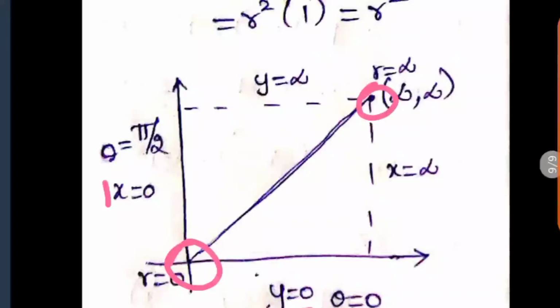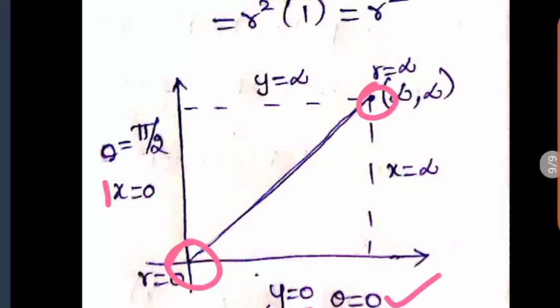Now go for the second thing, that is theta. Y is equal to what we have substituted there? Y is equal to r into sine theta. When can this y become 0? When sine theta becomes 0. Sine 0 is 0, so when theta is equal to 0, y is equal to 0.